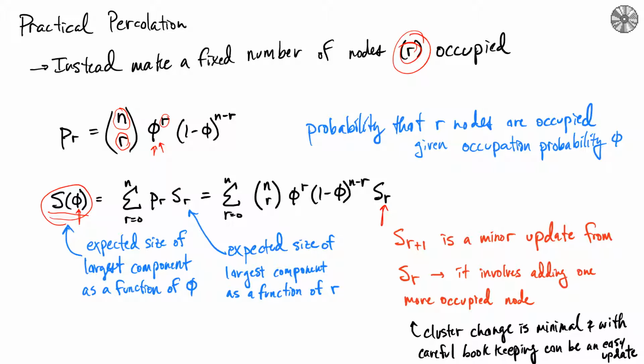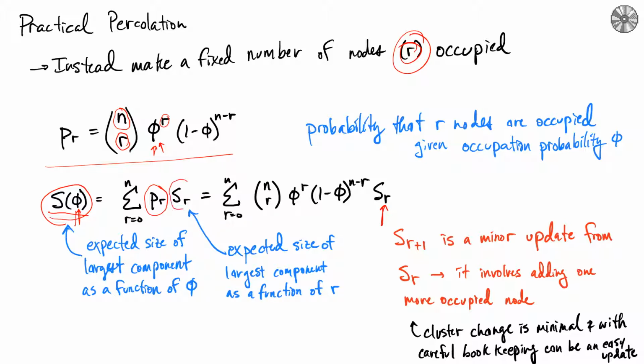So what we're able to do then is express this expected size. So this is in terms of phi, but now we're going to express it in terms of an expression over R. If this is the probability P of R, then what we're going to do is multiply this probability distribution in terms of R by the expected size.